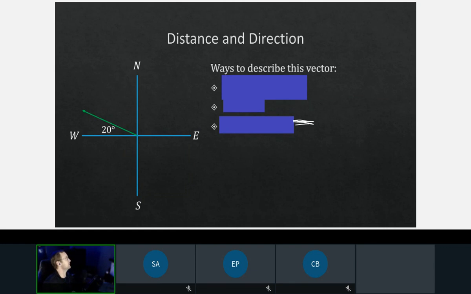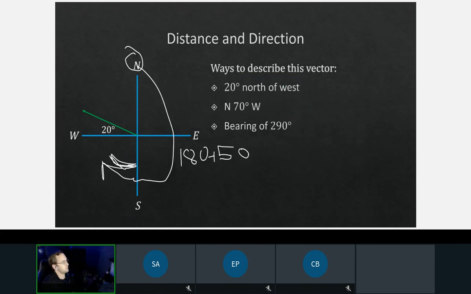All right, bearing at 290. I agree. Let's do this first one, the degree and then something of something. Everyone give me that one.